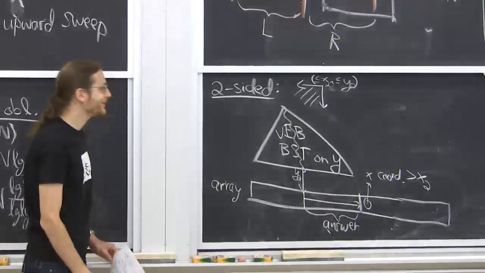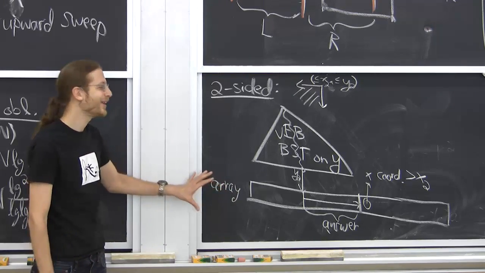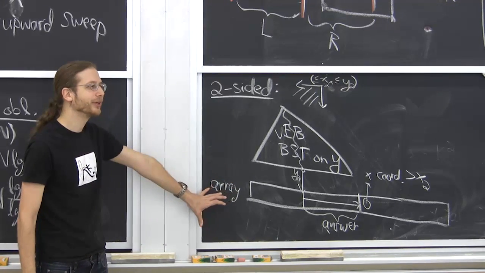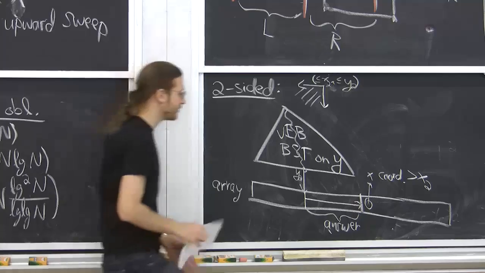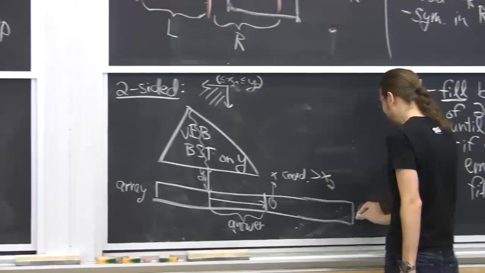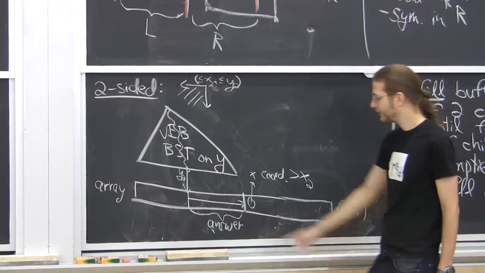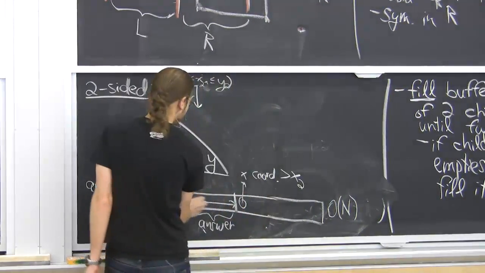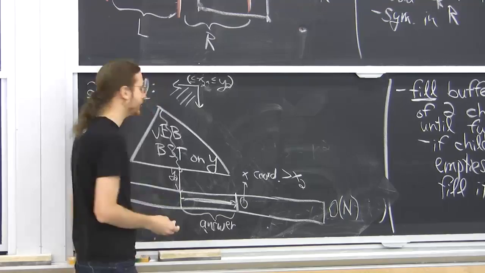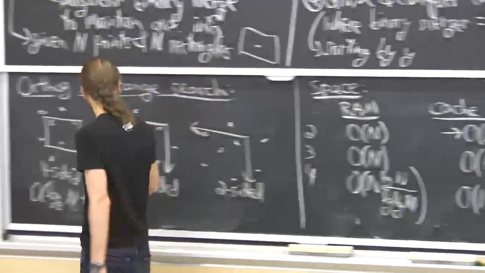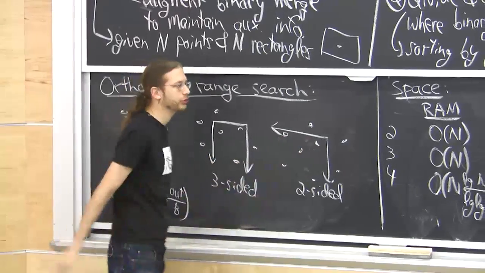To me, this is an insane idea. I would never imagine this to work. But the claim is you can make this array have linear size. That's the hard part. Make the amount of stuff that you have to traverse here be linear in the number of points that are actually in this range.